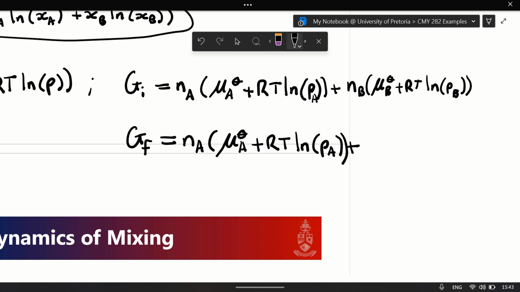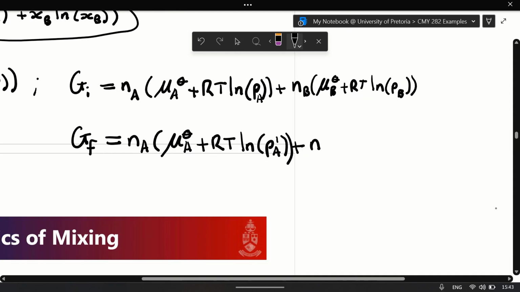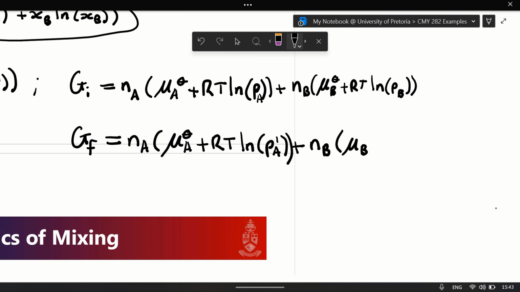So maybe we should use a prime to indicate that, so we just don't confuse ourselves. But anyway, plus RT ln, and the same for B. Right. So these are our two situations that we have.